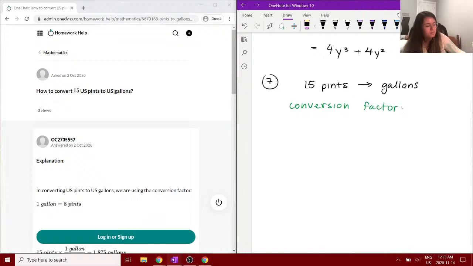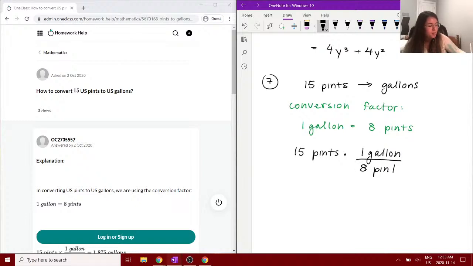And this conversion factor tells us that 1 gallon is equal to 8 pints. Okay? So when we start with 15 pints, in order to convert it to gallons, multiply it by this term. So we have 1 gallon for every 8 pints.